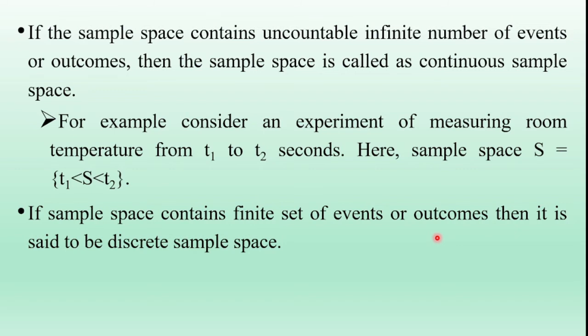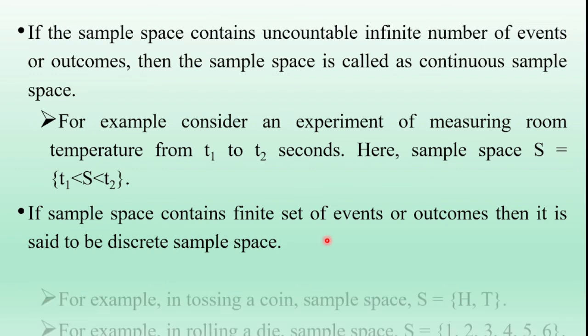A sample space that contains an uncountably infinite number of events is continuous. Coming to the discrete sample space, a sample space that contains a finite set of events or outcomes is said to be a discrete sample space.